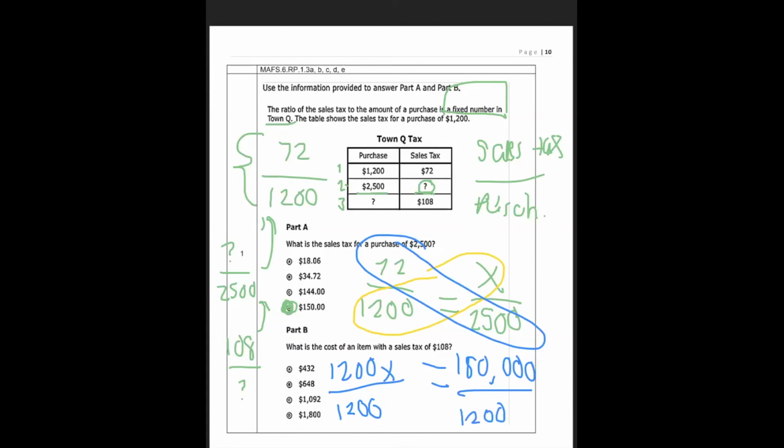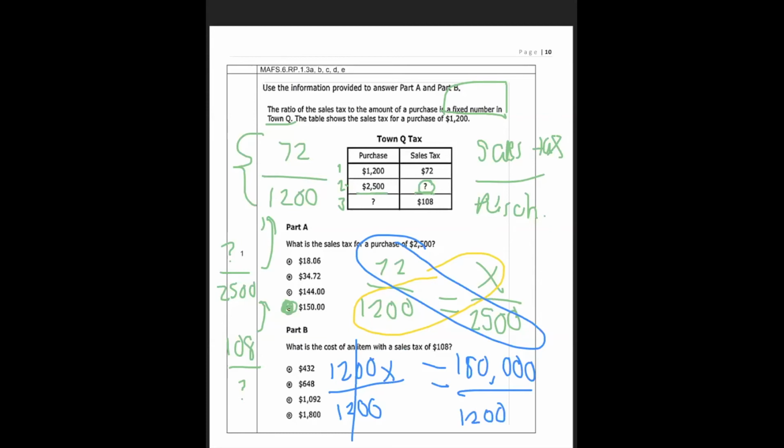The box rule might not work this time, because I can't think of a number off the top of my head that will give me 180,000 when I have 1,200. That's way too big. So if you divide by 1,200 on both sides, that cancels out, and when you divide those together, you get 150.